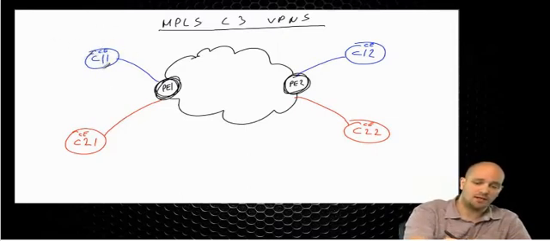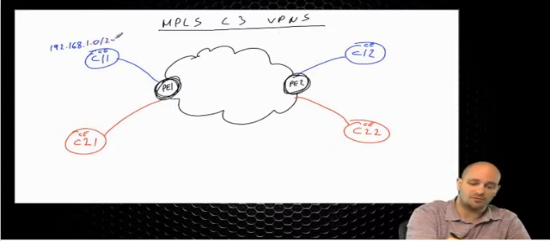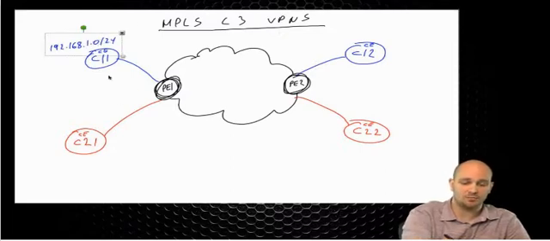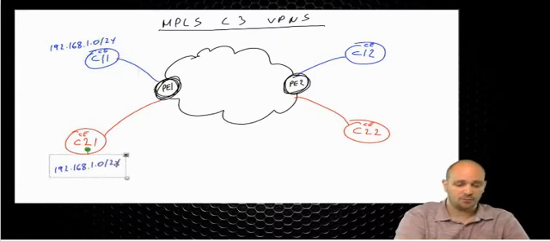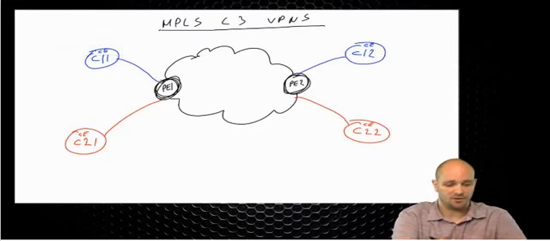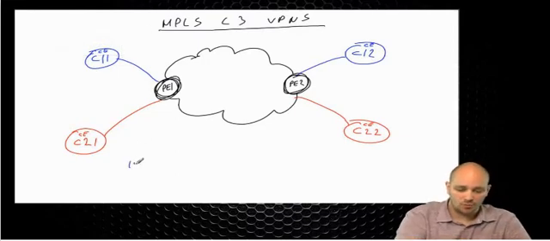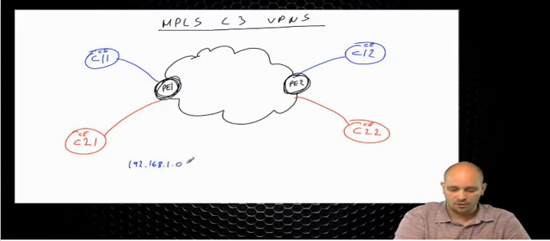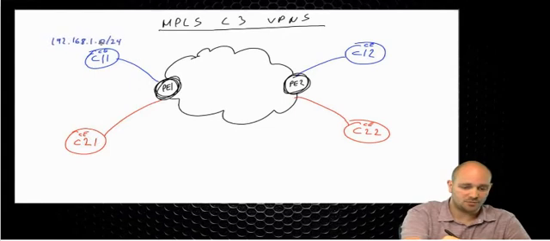Customer 1 will be using in their site 192.168.10.0/24. So this is the network used by customer 1, and this is the network used by this customer here.